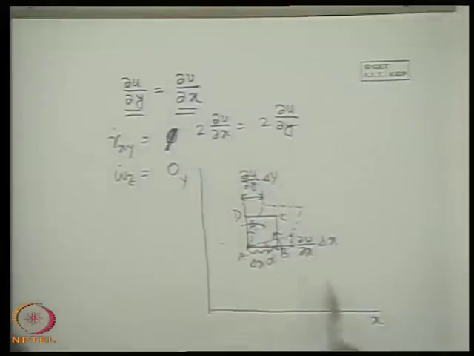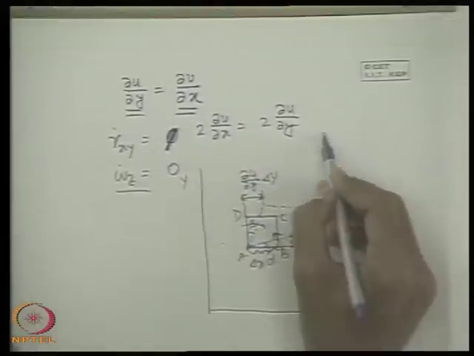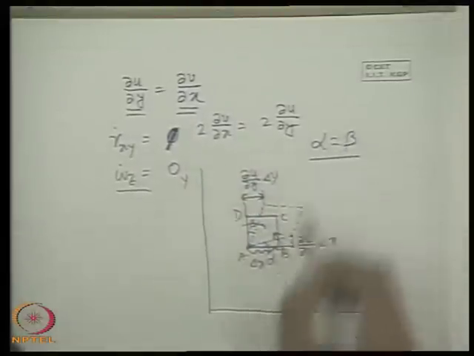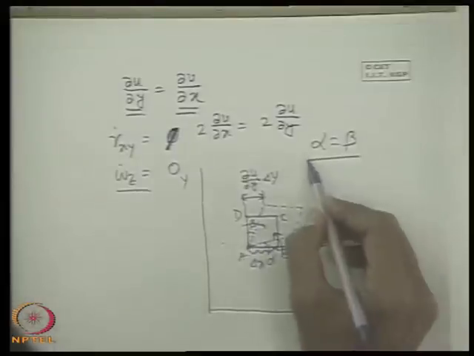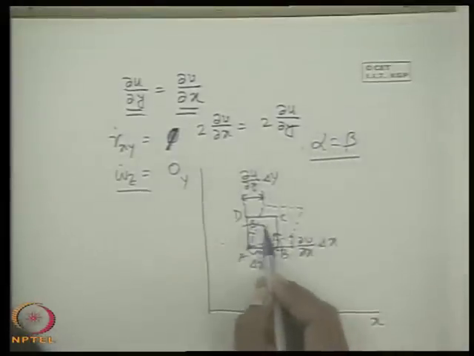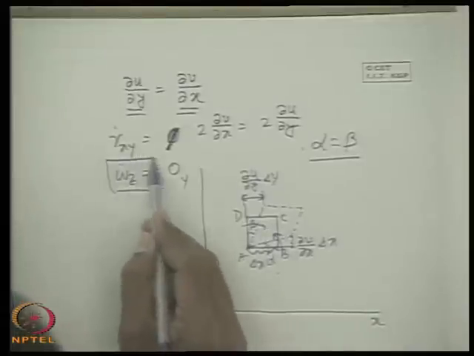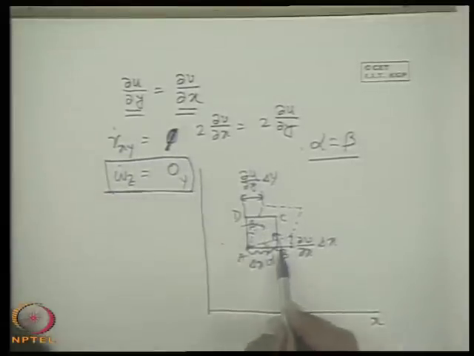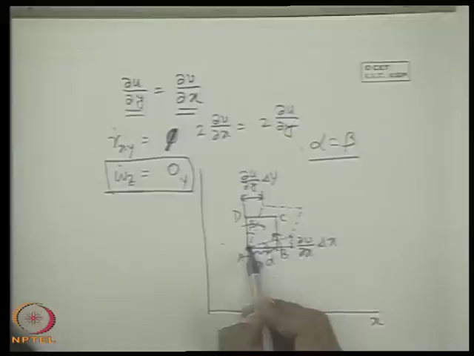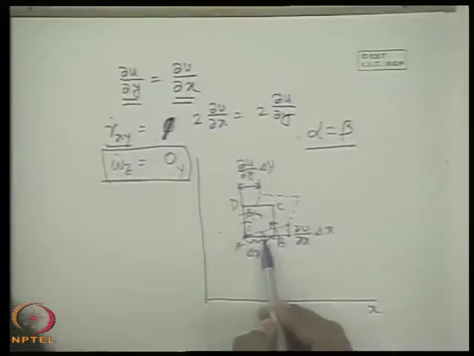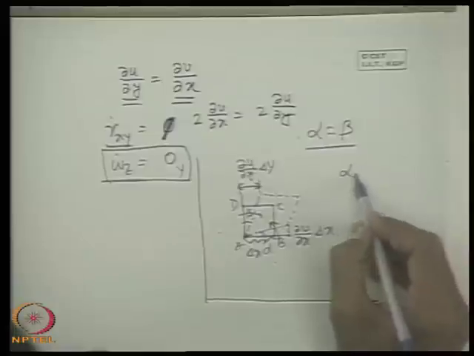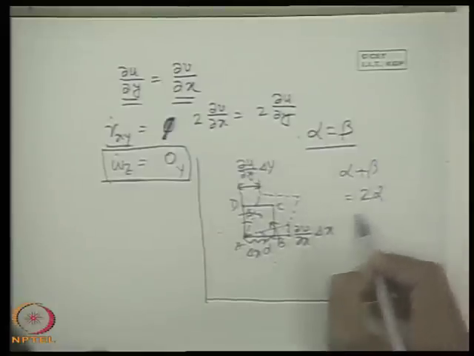considered in the general case. In that case, alpha is equal to beta. That means the angular velocities of the two linear segments, initially perpendicular, will be the same, but in the opposite direction. That is why, by definition of the rotation, the arithmetic mean becomes 0. So rotation becomes 0, but it definitely has a shear deformation or angular deformation, because the rate of change of angle is alpha plus beta, or 2 alpha or 2 beta.